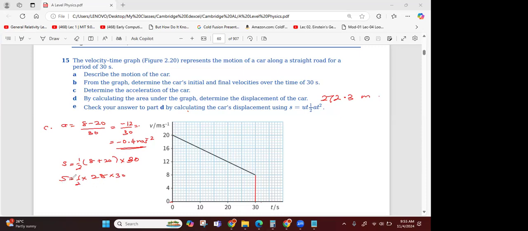We can simplify by dividing by 2. 28 divided by 2 is 14. 14 into 30, so 14 into 3 is 42, therefore 420 meters.